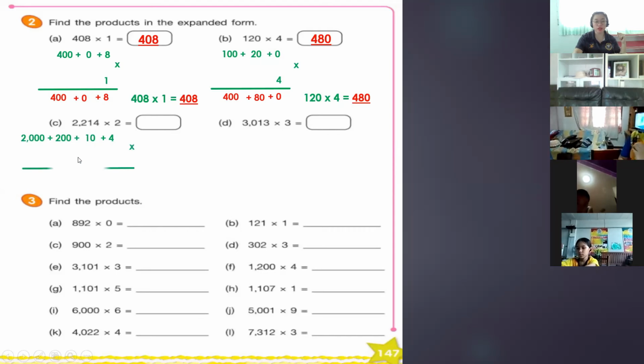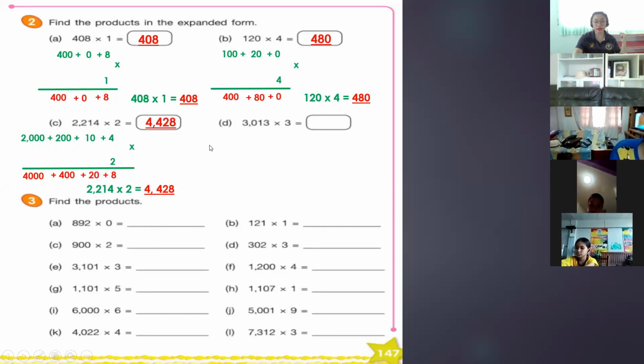Multiply by 2. 2 times 4 is 8. 2 times 10 is 20. 2 times 200 is 400. And 2 times 2,000 is 4,000. So the product of 2,214 times 2 is 4,428.